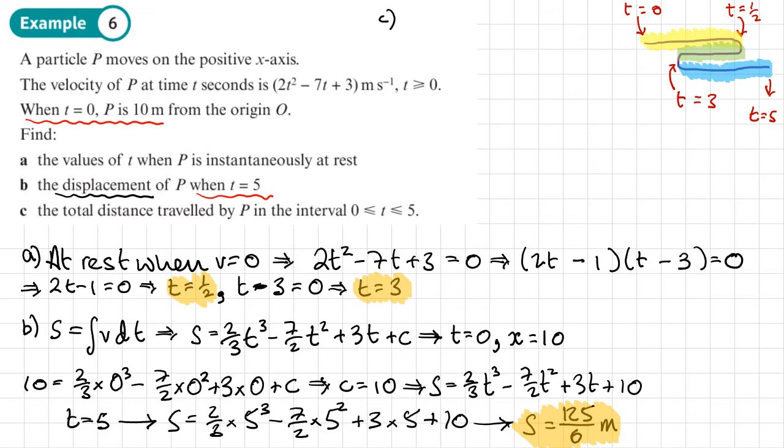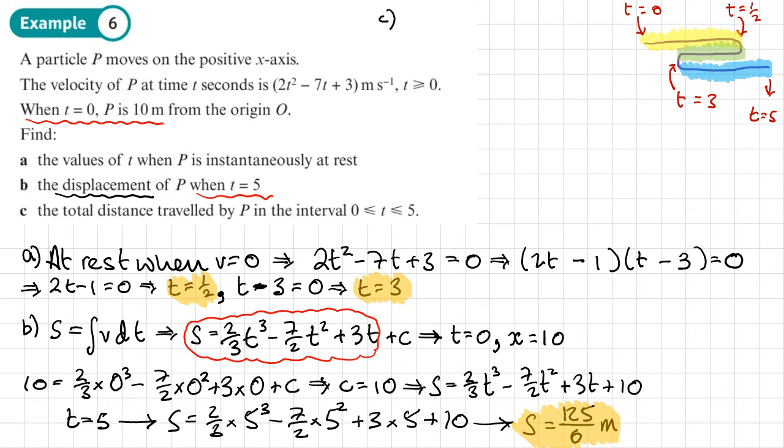So we'll start by integrating between 0 and a half. Now we've already integrated the velocity, so we know what its expression is. Now we've got limits, so there's going to be no plus c. So it's just going to be this part here that we have, and we substitute in our limits.